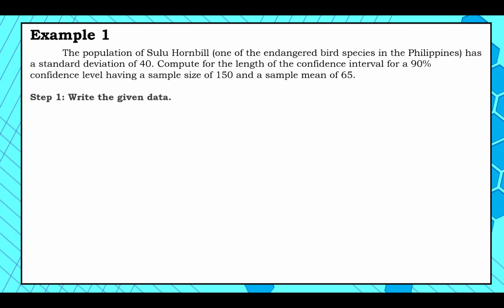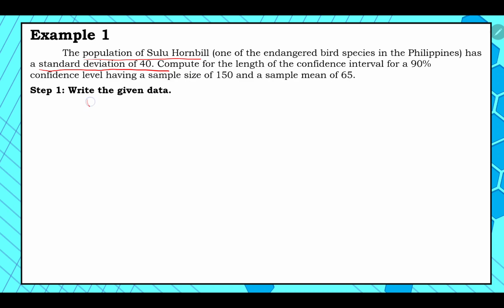In this problem, if we're going to write down the given, our subject is the population of Sulu hornbill. And it says that it has a standard deviation of 40. So, since ang subject natin ay buong populasyon ng hornbill, so itong standard deviation natin na 40 will be the population standard deviation. Kasi galing siya sa measure of the whole population.